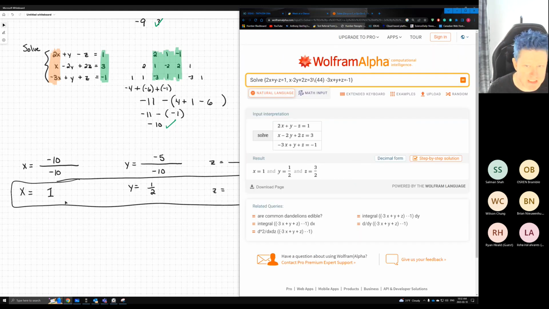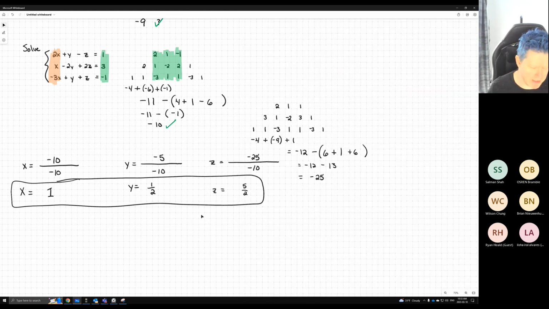So x equals 1, y equals 1/2, and oh, I did not correctly... okay, it looks like I've got a mistake here somewhere.